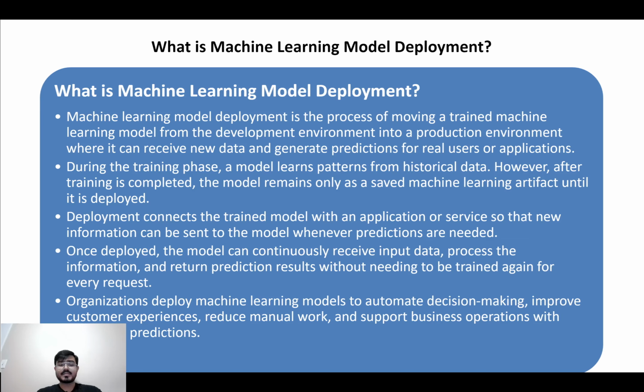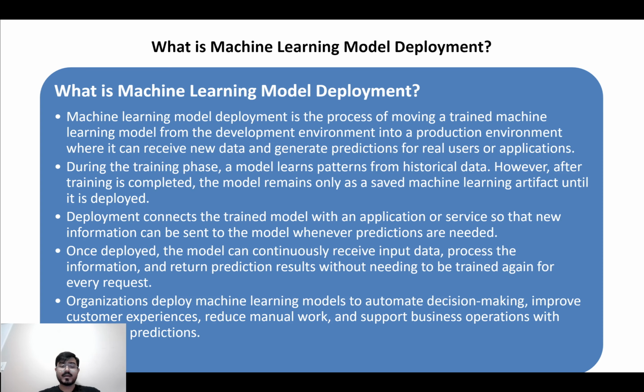So now let's understand exactly what machine learning model deployment means. The word deployment simply means making something available for practical use. In machine learning, deployment is the process of moving a trained machine learning model from the development environment into a production environment. Now, you may wonder, what is a production environment?